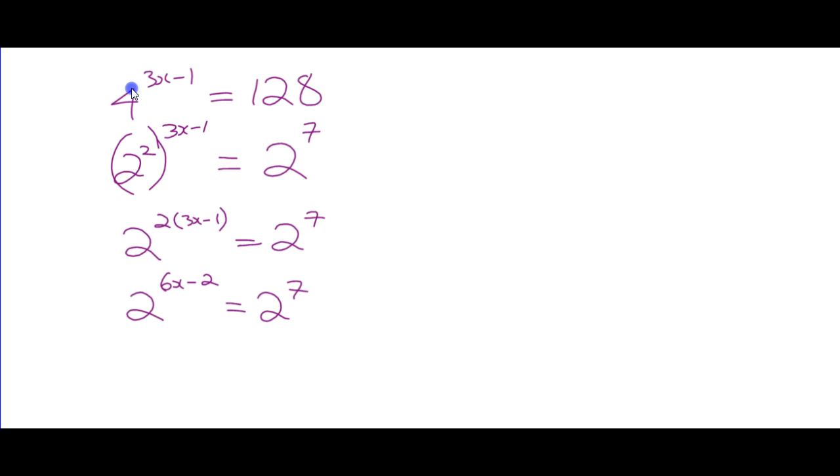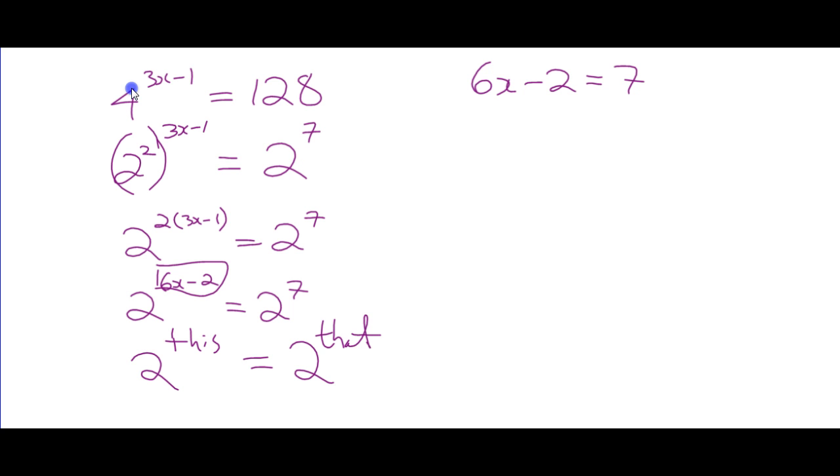It'd just be wrong. Now, at this point, when we have the bases the same, what do we do with the exponents? We set them equal to each other. If I say 2 to the this is equal to 2 to the that, what can we say about this and that?